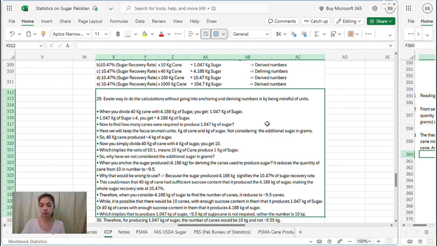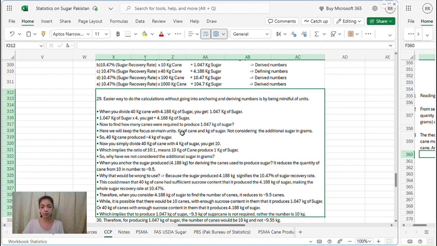An easier way to do the calculations without going into anchoring and deriving numbers is by being mindful of units. When you divide 40 kg cane by 4 kgs of sugar, you get 10.